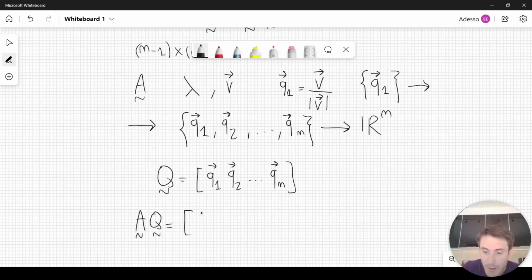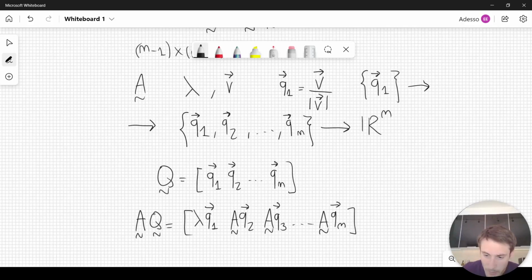In the first column we have lambda times the vector Q1. Then we have the matrix A applied to the vector Q2 in the second column. Then in the third column we have AQ3, and so on. In the nth column we have AQn.